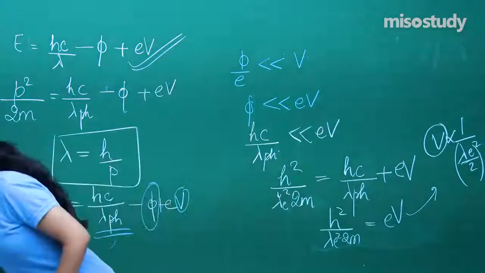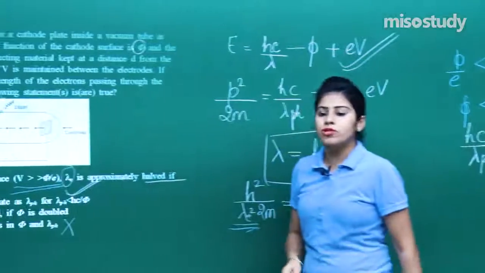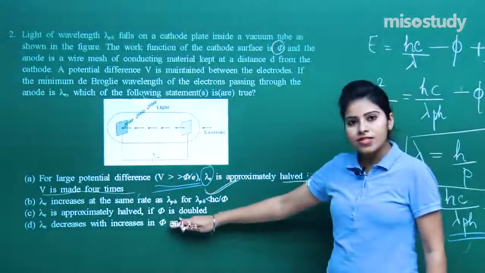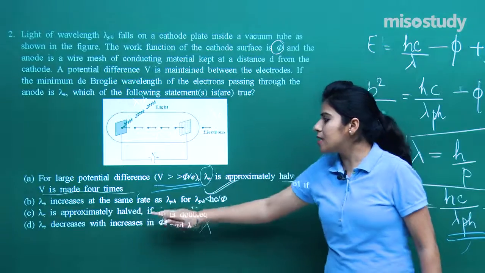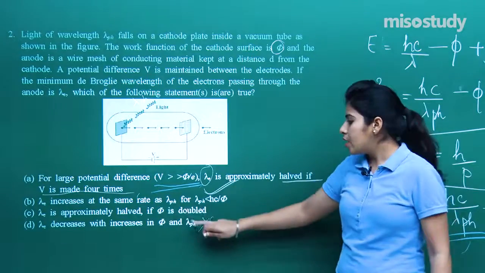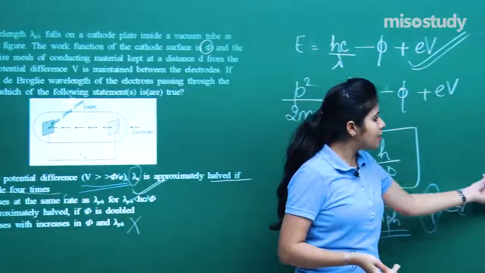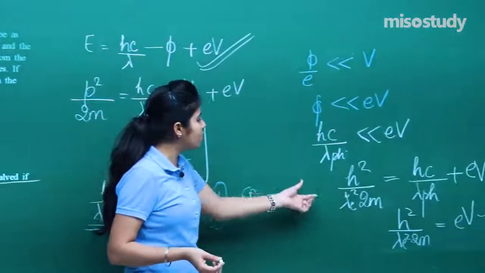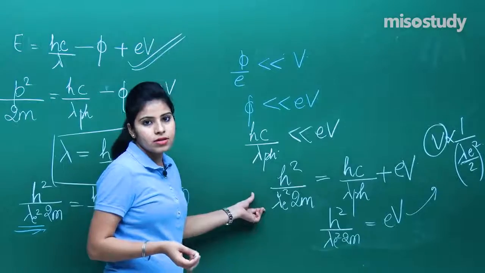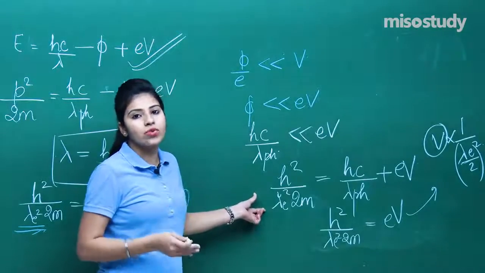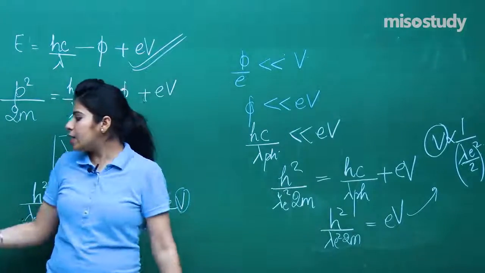If I am going for option C, lambda E is approximately halved if phi is doubled. But here too there is no relation between lambda E and phi, so let me deduct this option again.